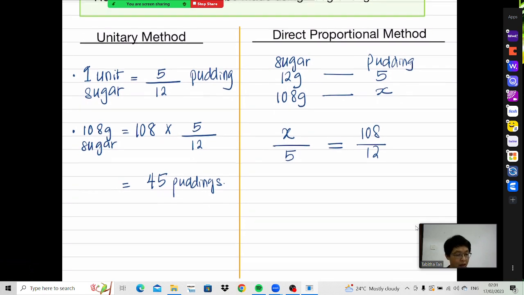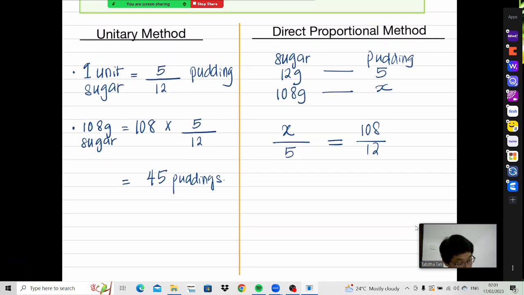Nothing complicated, more like arranging. Now to get rid of the division by 5, you just multiply by 5. So 108 over 12 times 5, and get the calculator, and again it tells you 45 puddings.